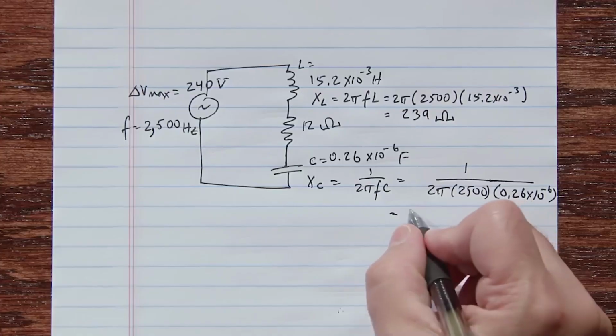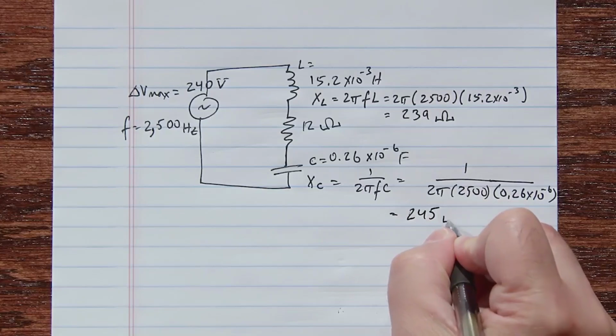It's equal to 1 divided by the quantity 2 times pi times 2,500 times 0.26 times 10 to the minus 6. That gives us 245 ohms.